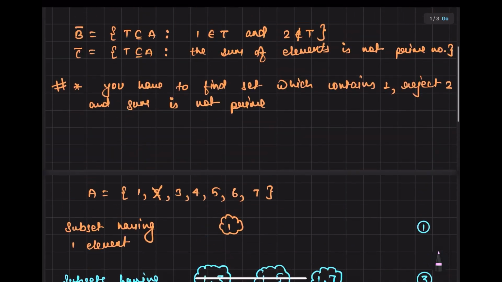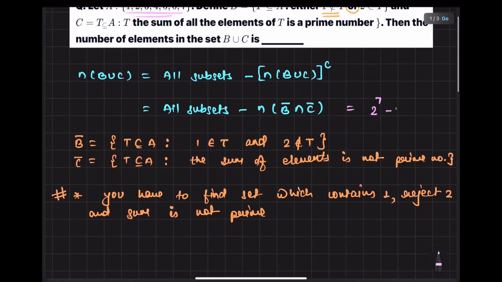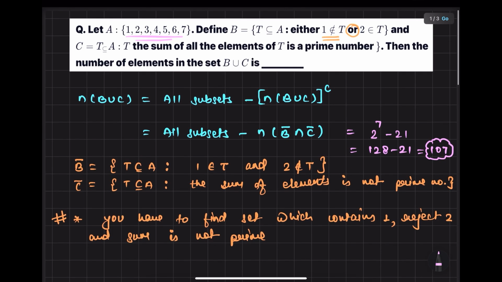So there are 21 sets. So minus 21. You know that 2 power 7 is 128. 128 minus 21. So what we will get? We will get 107. So the required number is 107.